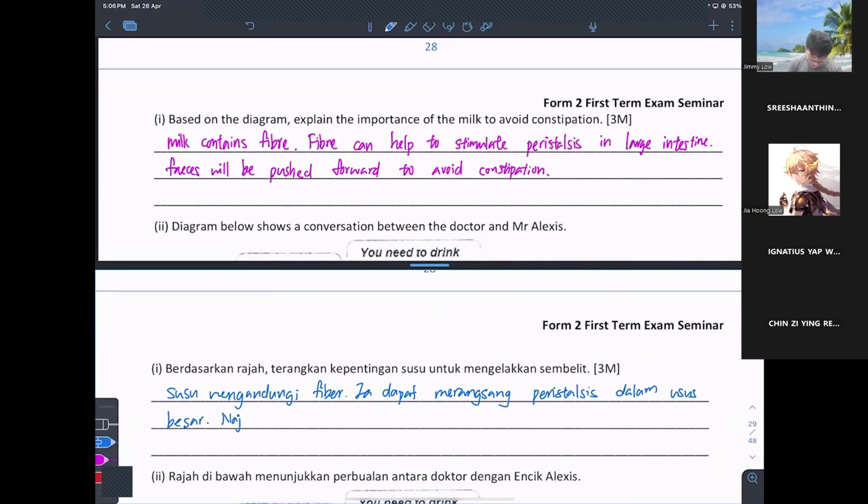Najis, in BM najis is so-called feces, akan ditolak ke depan dan mengelakkan sembelit. So sembelit means constipation. You can avoid these kinds of things whenever it comes to here.